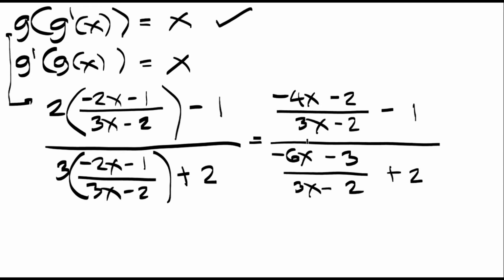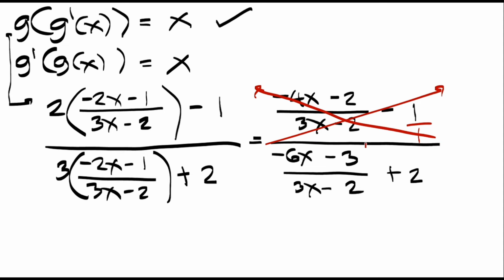So let us combine the terms in the numerator and of course in the denominator. We have a shortcut here, and that is by cross multiplication.